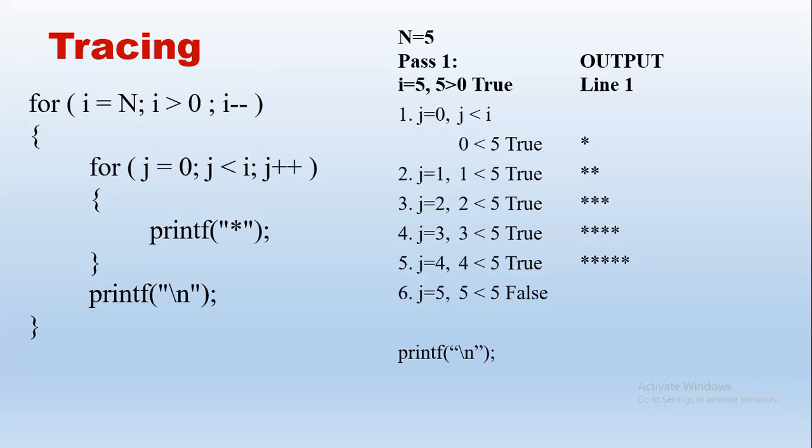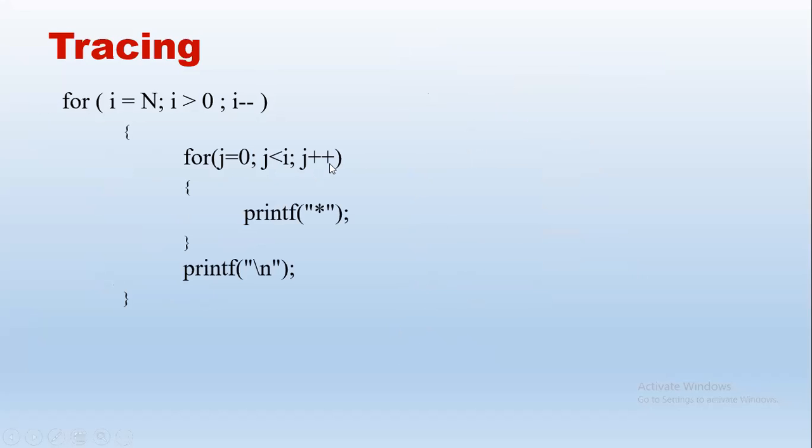Because i minus minus is there. So note that, i minus minus means i has to be decremented. So in pass 2, i gets decremented. i was 5 here, so in the next pass, i becomes 4.